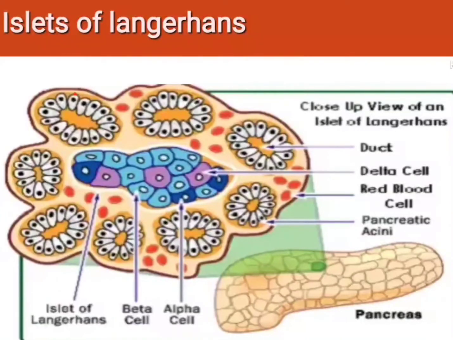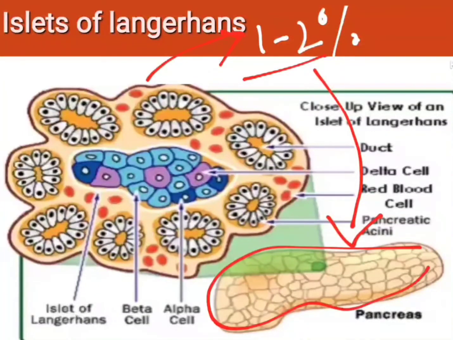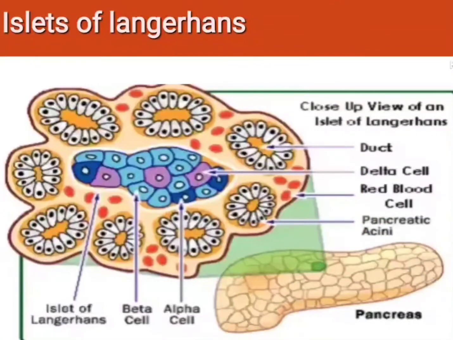It was discovered in the year 1869. There are about 1 to 2 million islets of Langerhans in a normal human, which cover only 1 to 2% of total pancreatic cells. That means the total number of islets of Langerhans, 1 to 2 million, covers only 1 to 2% of total pancreatic tissue.